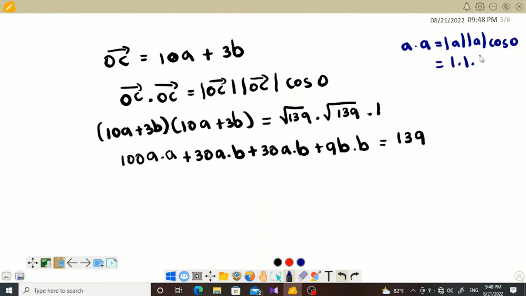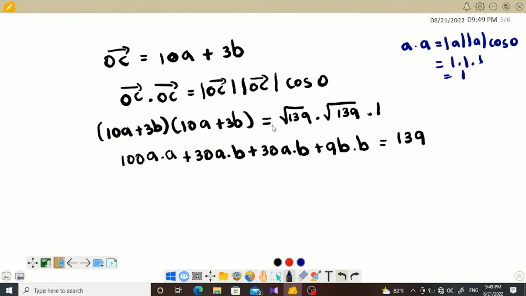Cos 0 means 1. So this value is 1, right? I can substitute 1 for a dot a, and b dot b is also the same. B is a unit vector, so using this I can prove that b dot b also equals 1. I'm not going to prove it, you can try that.